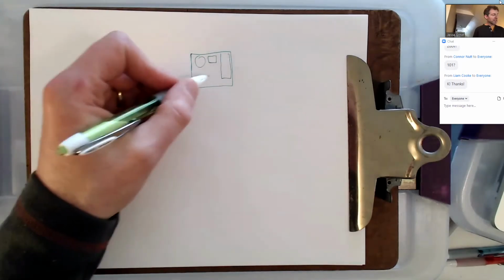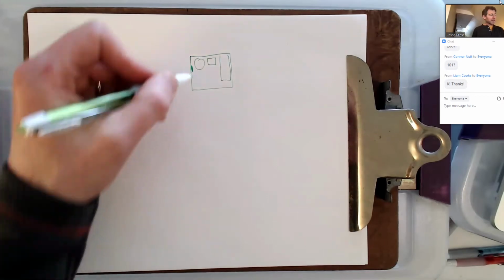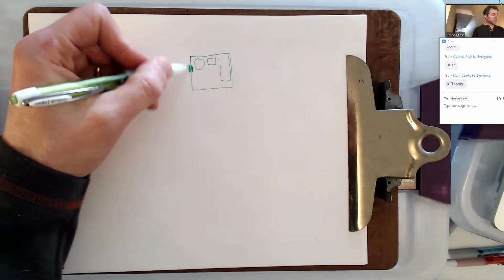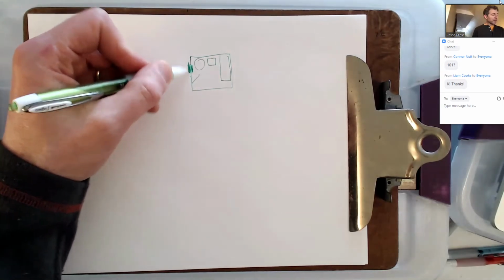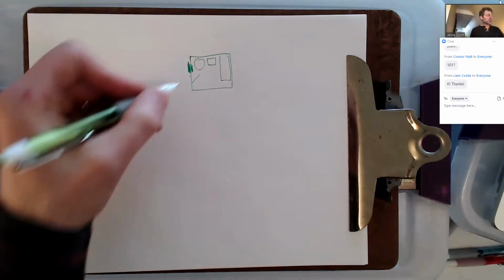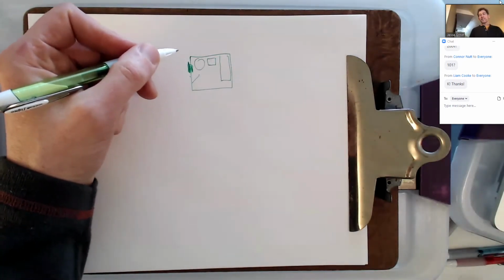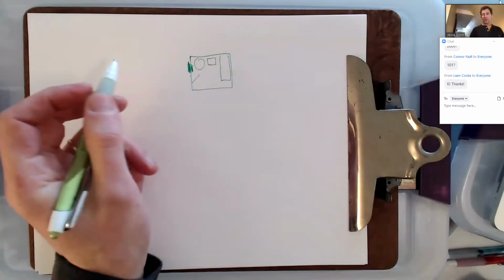There you go. If this is a small bathroom, there's a reason the light switch isn't here. It's on the outside of the wall. So here's the door, and the switch is on the outside. If you've ever been in a little bathroom, the switch is usually on the outside. That is not so that one of your siblings can turn it off while you are in the bathroom.